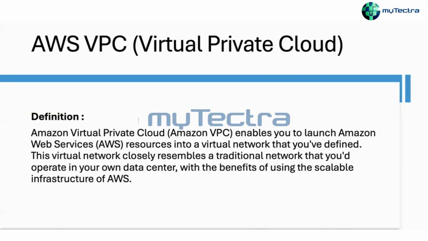So basically, VPC is one of the services in AWS. What do we do? First, we create the VPC. What is the first thing we need? EC2? No, EC2 we have not yet covered.